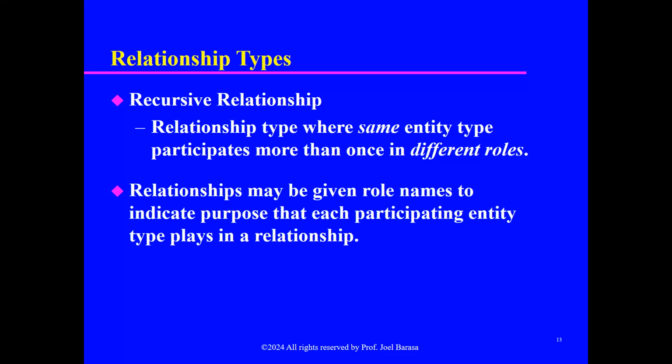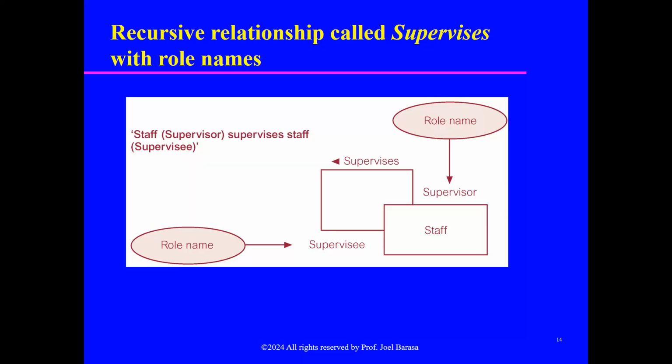Then we have relationship types. Recursive relationship: this is where the same entity type participates more than once in a different role. So you can have one primary key, which is both a foreign key, candidate key, alternative key, and so on, meaning that entity operates in many areas. A relationship may be given role names to indicate the purpose each participant performs. Recursive relationships, sometimes we call them supervisors, with role names.